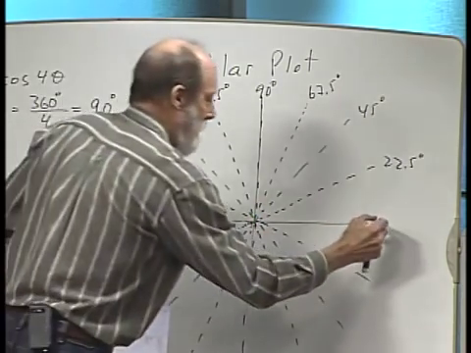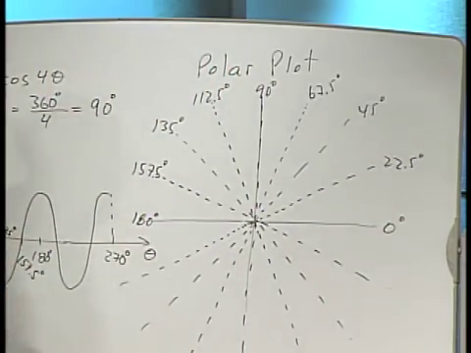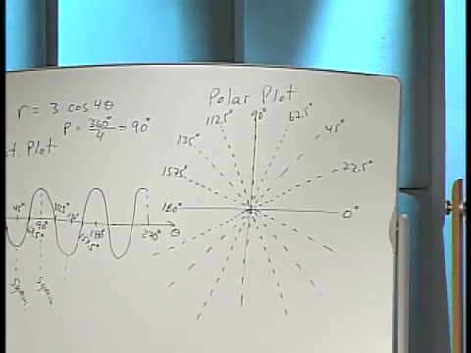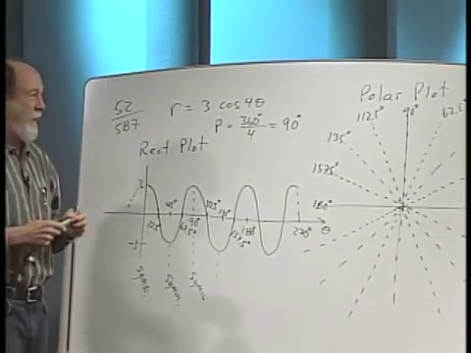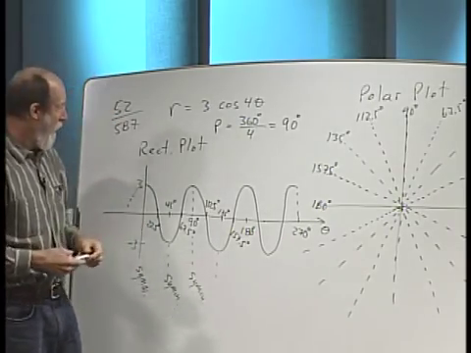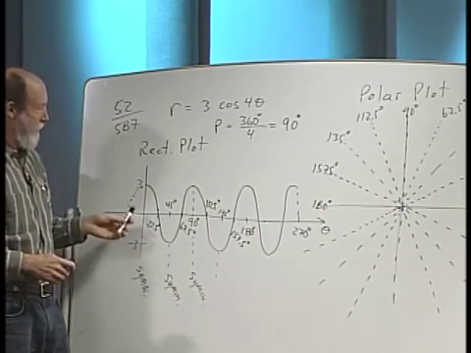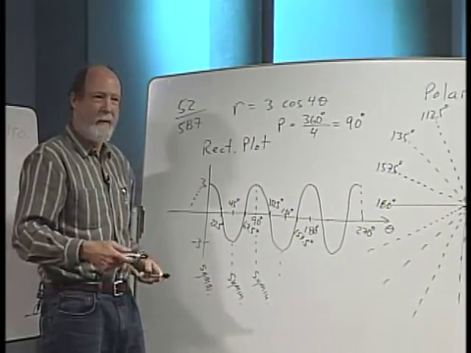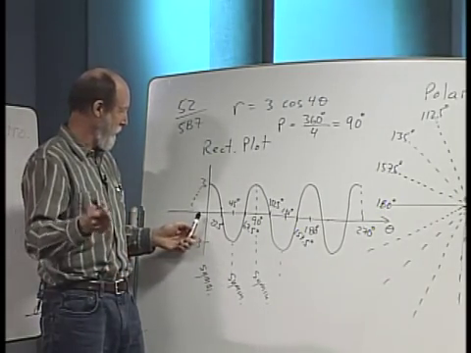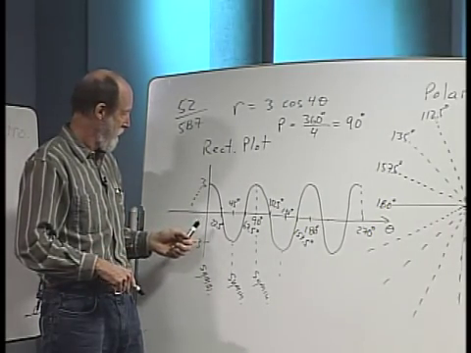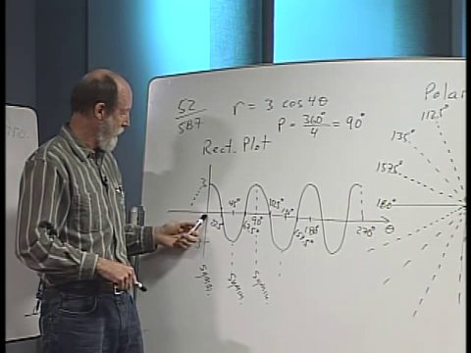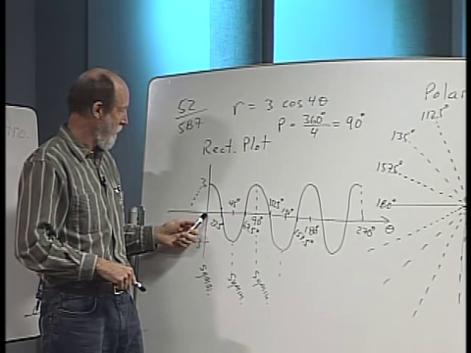Okay. Now, here's where we have the fun. Ready? At 0 degrees, let's work our way around the room. At 0 degrees, what's the radius, Steve? At 0 degrees, what's the radius? 1.